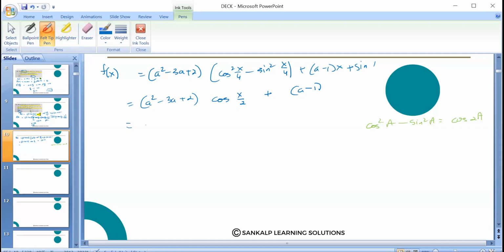You can factorize this as a minus 1 into a minus 2 cos x by 2 plus a minus 1. Take a minus 1 common: a minus 2 into cos x by 2 plus 1.